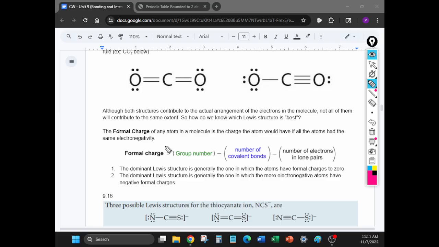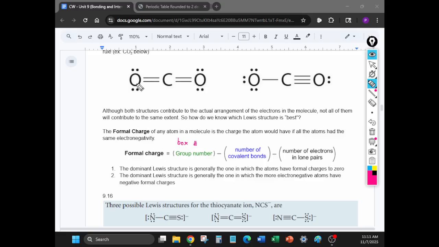So we use this equation right here. Now, you guys wrote down these terms, but I'm going to give you my terms the way that I remember in my brain. So group number is basically just what box the element is in the row. So you know how we count the boxes to get the valence electrons? That's just what that group number means. So if you look at O, if you count the boxes for O, it's going to be 6, right?